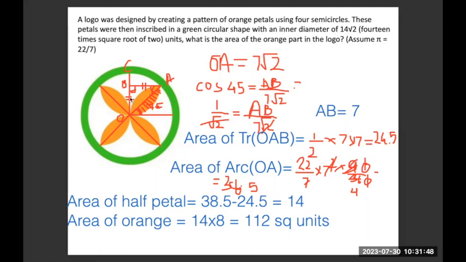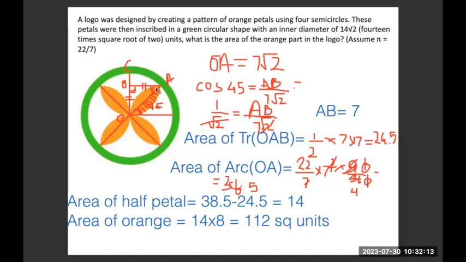So I say cos 45 is equal to AB upon the hypotenuse OA. I know the hypotenuse is 7√2, and cos 45 is 1 by root 2. So AB is 7, since root 2 gets cancelled on both sides. That's why AB is 7.